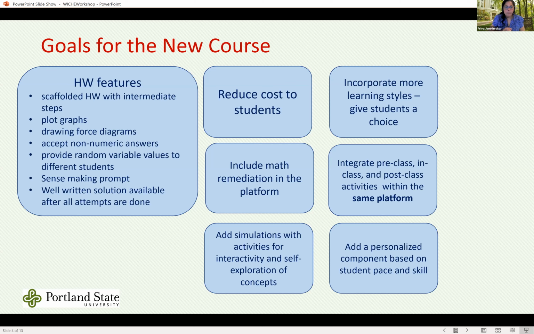So on this platform, we also included math remediation. I created some math review tutorials for the math skills required for my particular courses, so students have it in one place. Then we also incorporated different learning styles to give people a choice, meaning the design of our course was such that every chapter, I put a short summary, pretty much I started with my slides in class and made them more detailed.